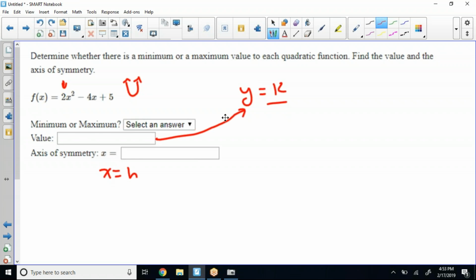When they want that y value, the maximum, sometimes they do it as just the y value, which would be the k that you're solving for, or sometimes they'll want you to actually put it as an ordered pair. If the ordered pair doesn't work, then your y value would be just fine. But since they say value, then they're just looking for the y.